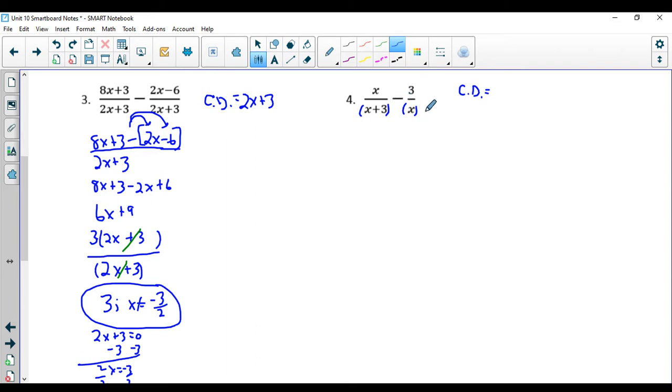I can't break the plus 3 up out of there. So remember what we said, each factor must be represented. The first fraction has the factor of x plus 3, so that must be in our common denominator. The second fraction has a denominator of just x, which also must be represented. So we have two separate factors as part of our common denominator, x plus 3 and x.